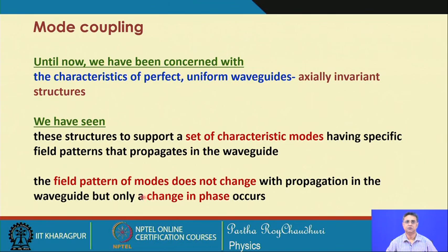And this is all that we have been insisting, that the field pattern of the modes does not change with the propagation in the waveguide, but there will be a phase change along the length of the waveguide, that is the z translation of the phase, that is the one which appears as e to the power of minus i beta z.